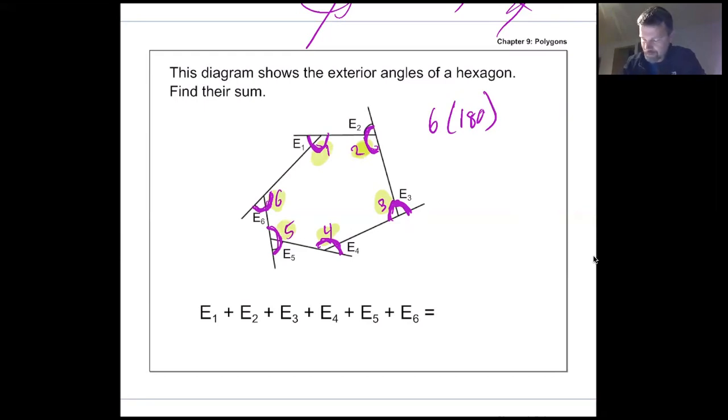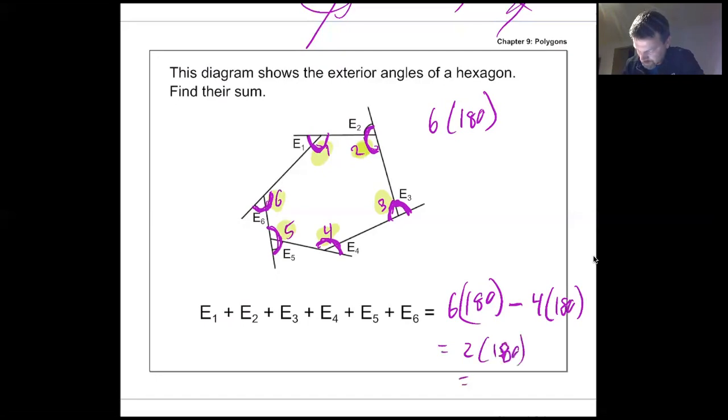So if I wanted to find the sum, it would be 6 times 180, subtract n minus 2, which would be 4 in this case because that's a hexagon, times 180. Well, 6 times 180 minus 4 times 180 will be the same as 2 times 180, which is 360 degrees.